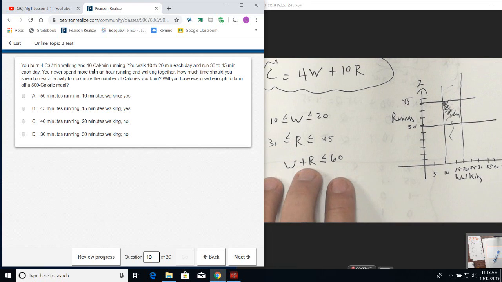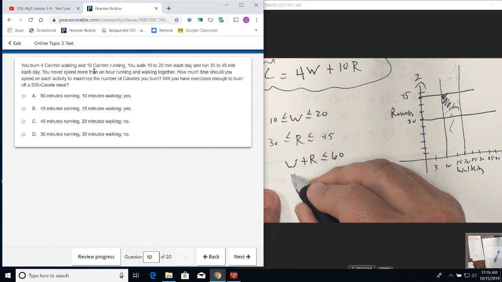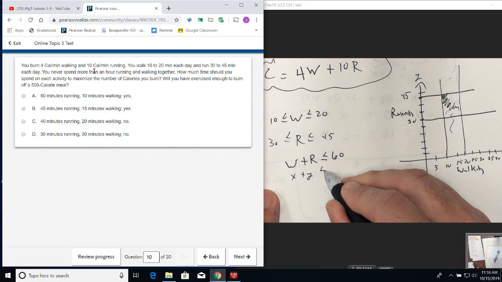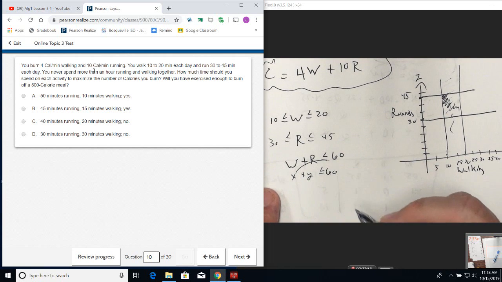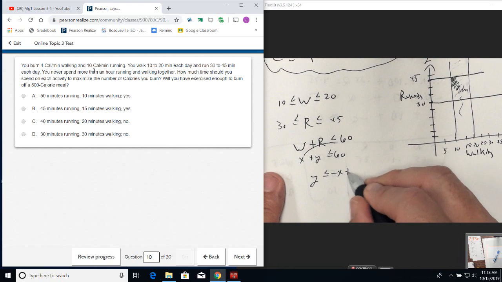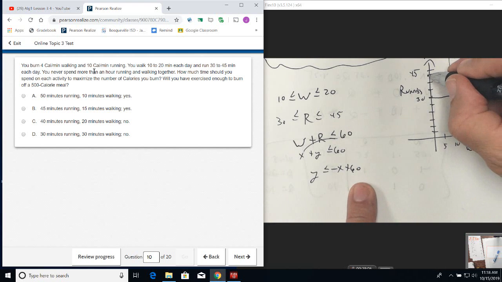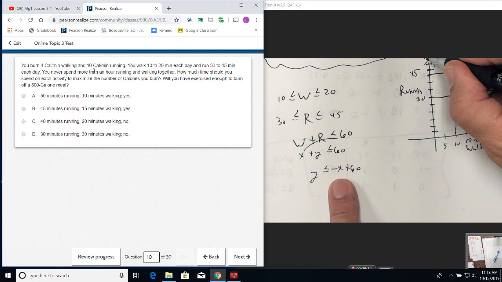So what's my second constraint, though? My walking plus my running has got to be less than or equal to 60. Now remember, walking is x, running is y. That's less than or equal to 60. So if I were to solve that for y so I could graph it in slope-intercept form, y would be less than or equal to negative x plus 60. So this has a y-intercept of 60. So that's 45, that would be 50, 55, 60. It's here. And then my slope's a negative 1.